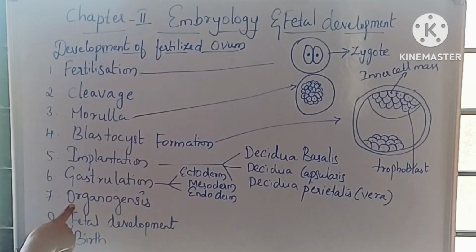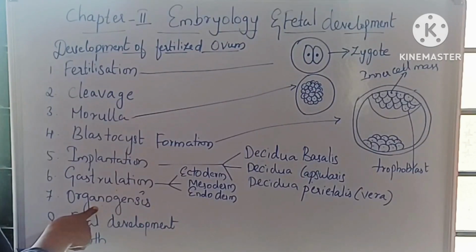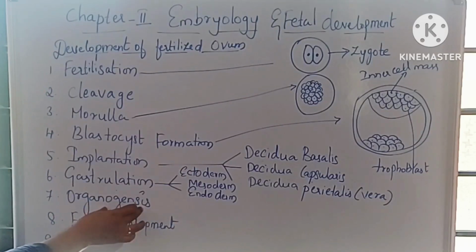Next, organogenesis is a process by which the 3 germ layers develop into the organs or systems. Cells, a group of cells is called tissue, a group of tissues is called an organ, a group of organs is called a system.